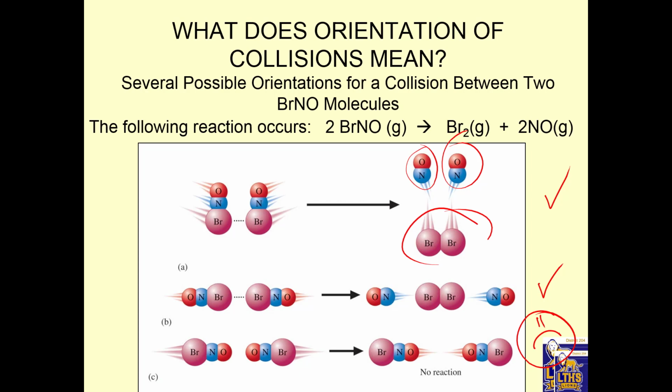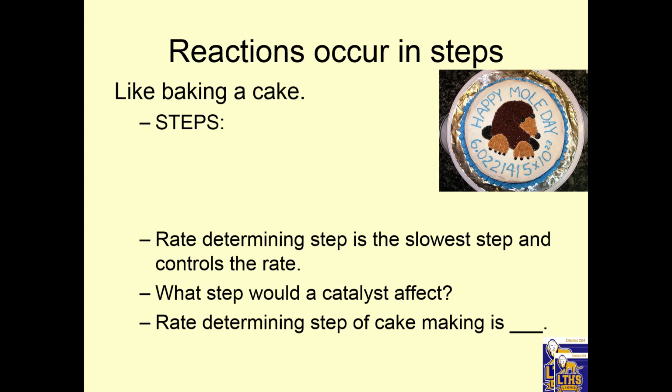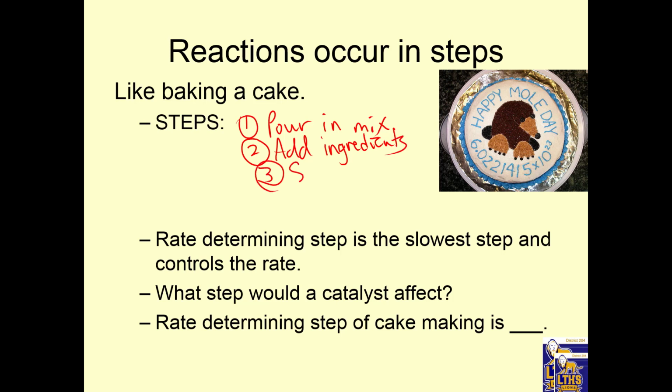So there's lots of different ways, though, that they could orient to make the correct products. Reactions occur in steps, though, like baking a cake. So you want to bake a cake, you got to pour in mix. Right? And then add other ingredients. Then you got to mix it, stir.